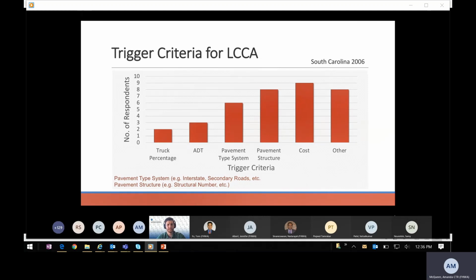Because stakeholders may consider these trigger criteria in step 0, and due to prolonged construction periods, escalating materials cost, and change in traffic conditions, updating the LCCA data and rerunning the analysis are becoming very important issues for stakeholders to consider. In conducting LCCA, it is important to be aware that LCCA has a shelf life. In some cases, the data used in the analysis might lose its validity even before a decision is made. The cost of materials, life of the design, and change in traffic conditions really need to be considered as additional criteria that should trigger the requirement to reconduct an LCCA if necessary. Next slide.